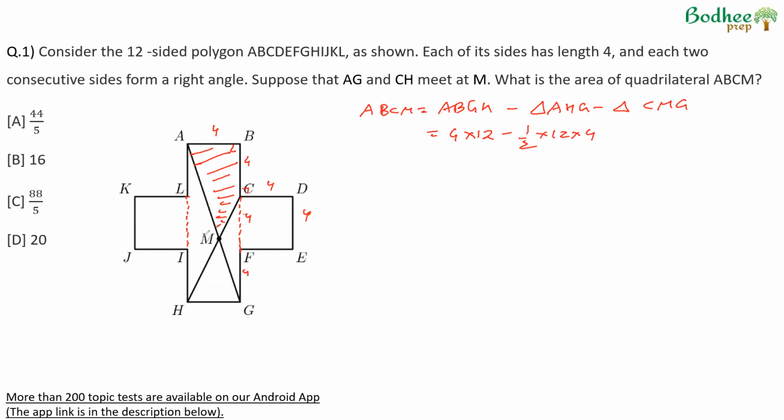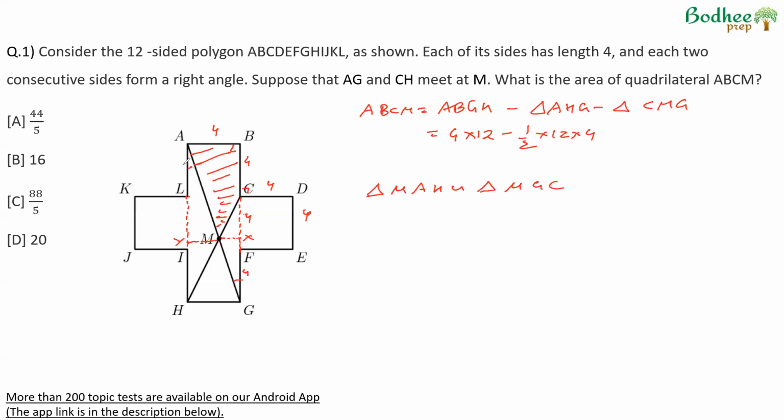We drop a perpendicular from here. Suppose this is MX, and a perpendicular from here, suppose it is MY. We can say that triangle MAH is similar to triangle MGC because these two are vertically opposite angles.